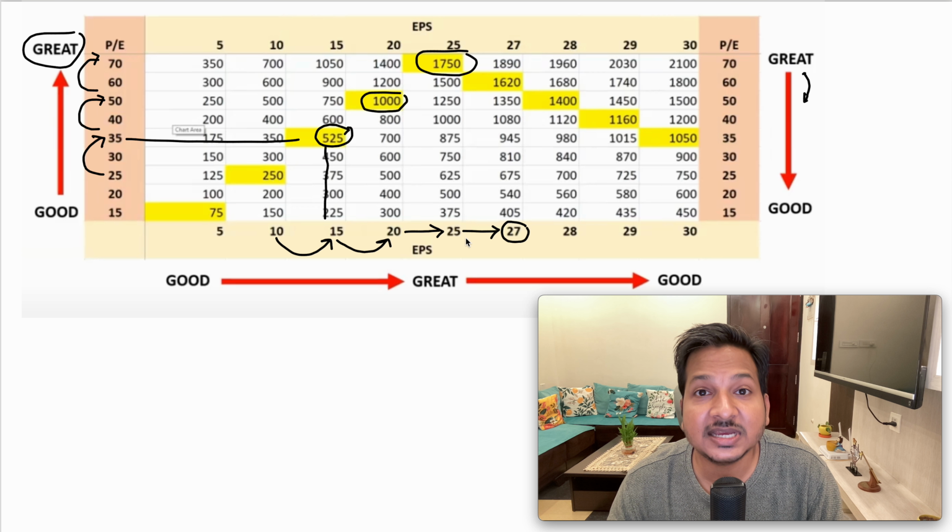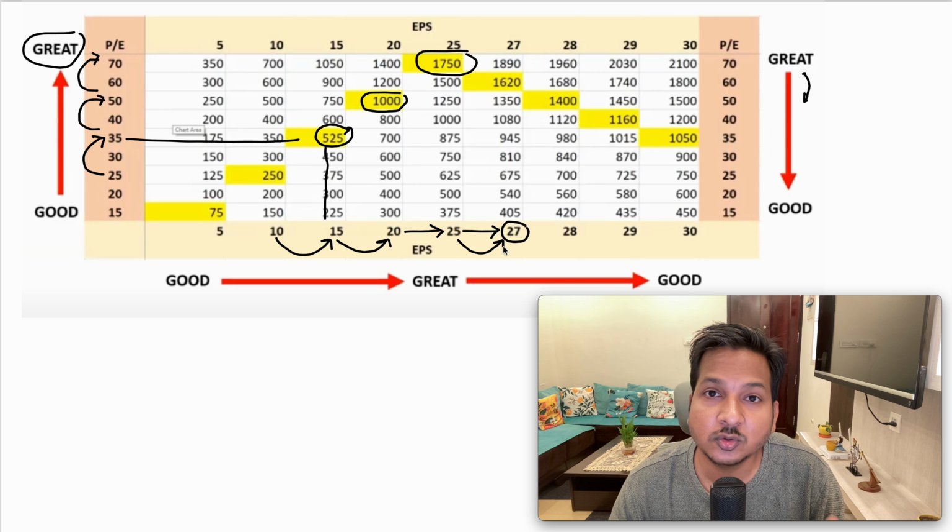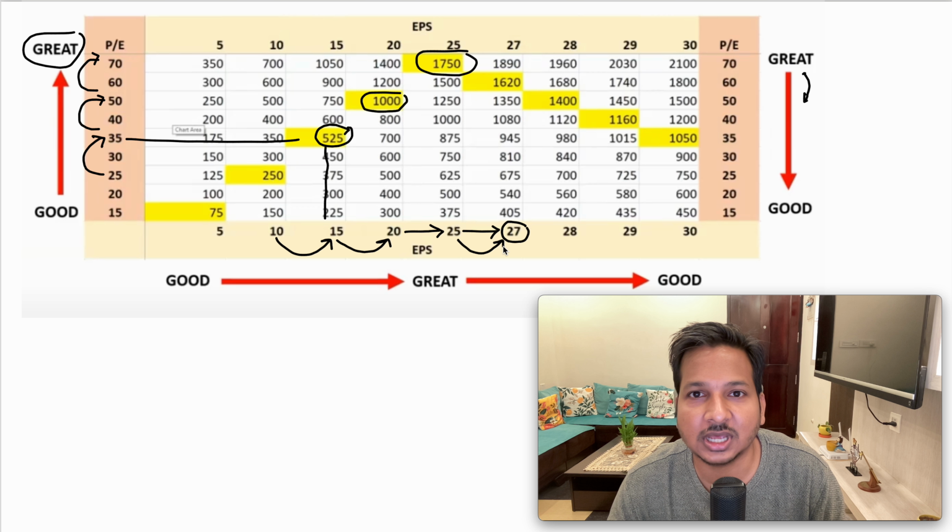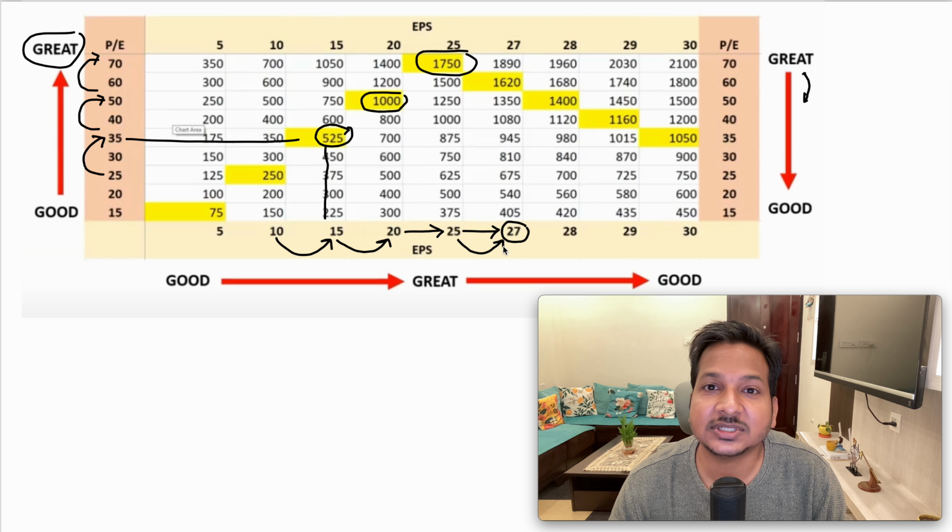Even though EPS has increased from 25 to 27, in the newspaper it will come that this company has shown higher earnings, higher profit. You will think that profit has increased, so the share has to go up, but the growth rate has decreased. In Hindi, the dar, like 5%, 10%, the growth rate has decreased.